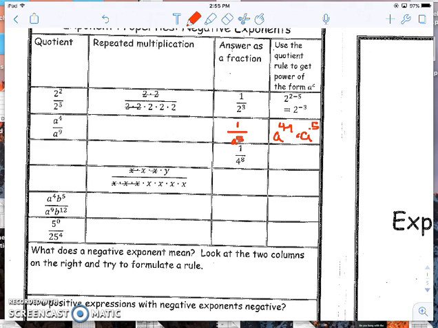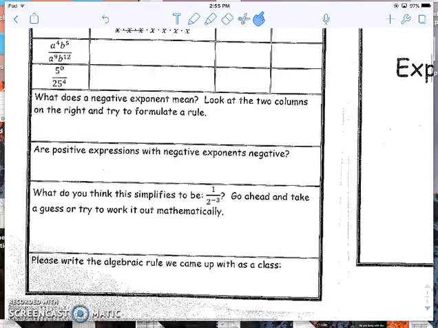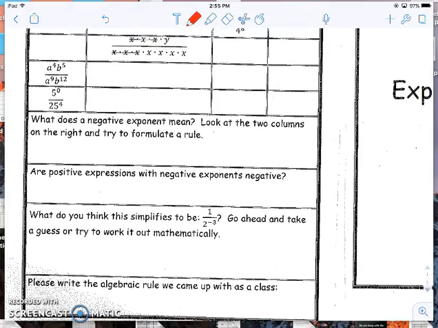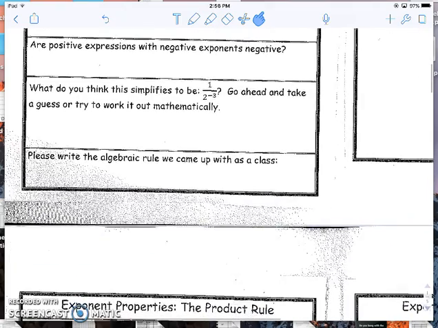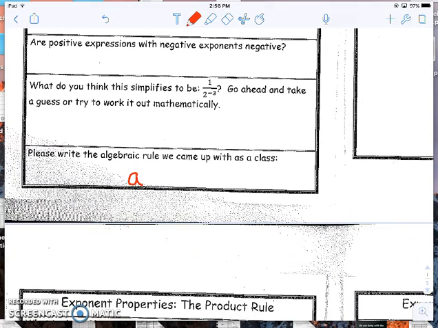So let's see, it looks like a power rule. So a negative exponent, it changes sides of the fraction. So if we had, let's see, algebraic rule, if we had a to the negative n, that's 1 over a to the positive n.